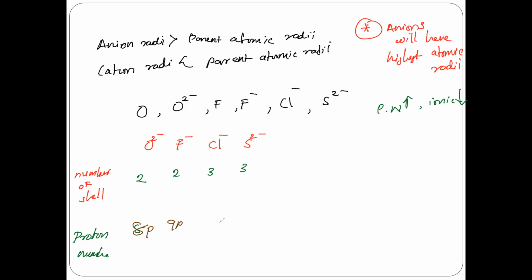So we'll write 8, 9. According to that, which is the bigger one, O2 minus or fluorine? The higher the proton number, the ionic radii will be decreased. Therefore, fluorine is the small one, O2 minus is bigger. Is it clear?